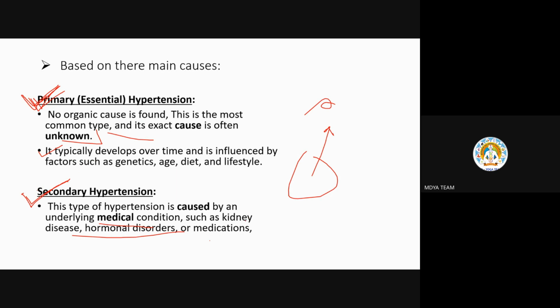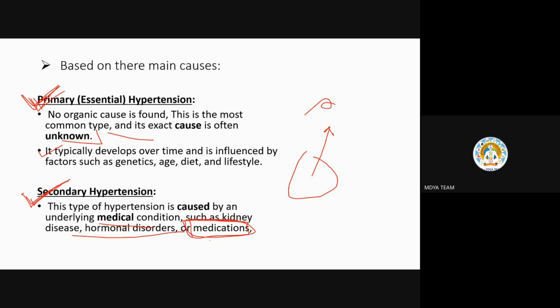As I told you, someone asked whether their grandma's medications could do it. Yes, medications also lead to high BP. So if it is happening due to some disease or some extra reason, that is secondary hypertension. In primary, the main cause is unknown.